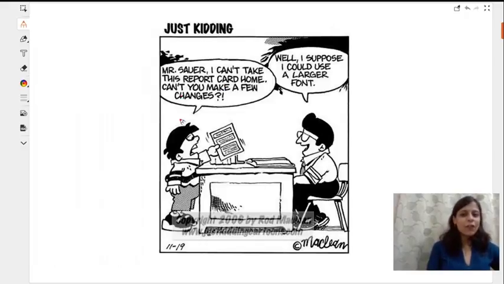Can't you make a few changes? He's asking his teacher to make some changes. It's just a humorous way of saying. So he says, okay, well, I suppose I could use a larger font. Since you've not performed well, the only thing that I can do, or maybe I could do, is use a larger font.